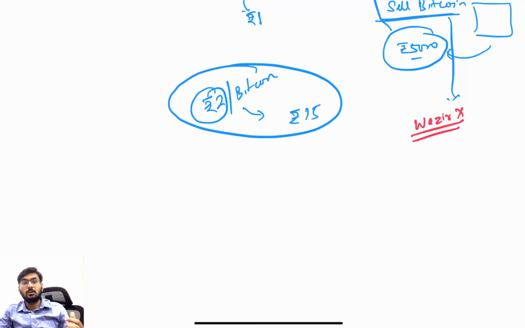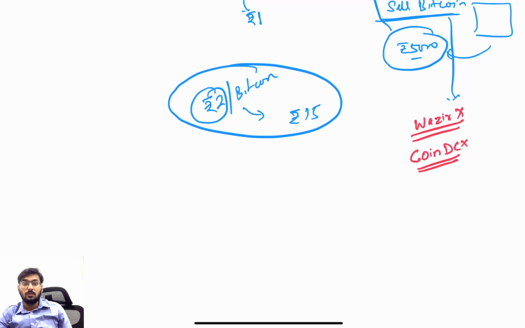If you find any bitcoin to be most valuable to you, and after 5 years you think the price of the bitcoin can go up, definitely you can buy this asset and keep it with you. But very risky. Again I am saying it's very risky. Clear? Like this, we have one more exchange, that is CoinDCX. This is also an exchange where your friend can go and sell the bitcoins. Clear? So it's totally up to you.